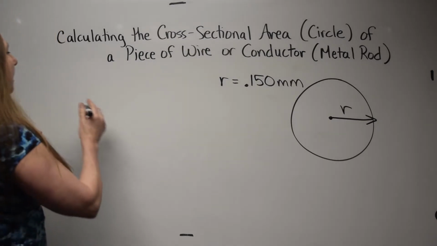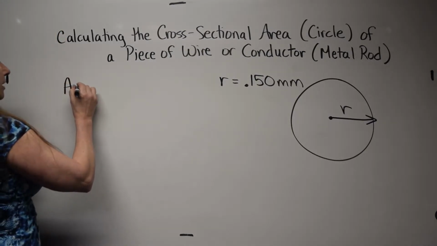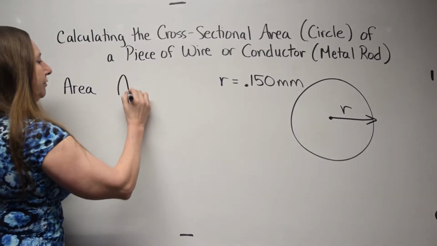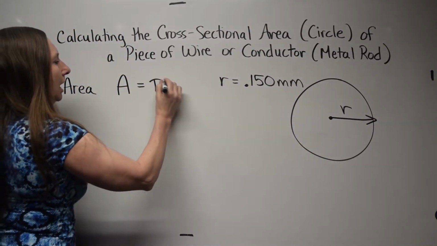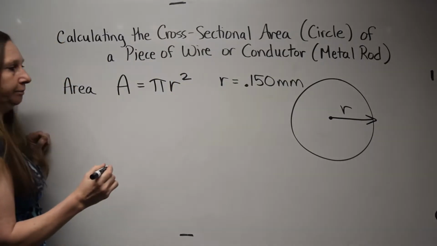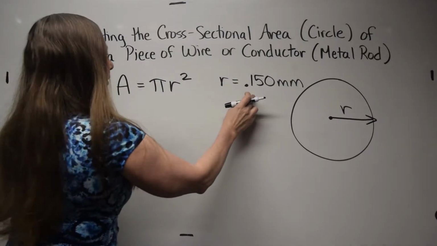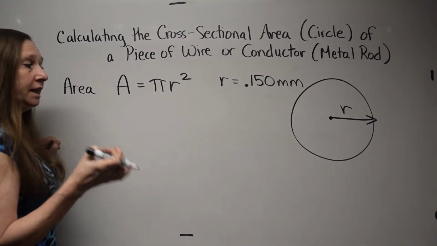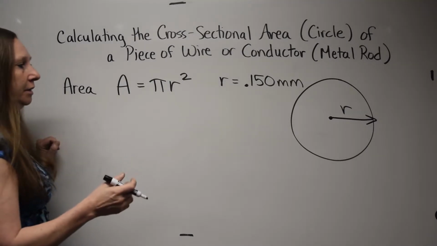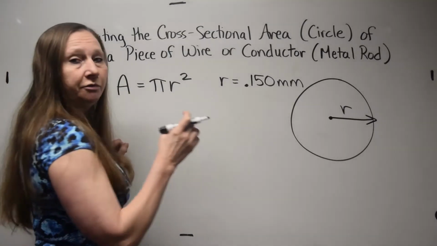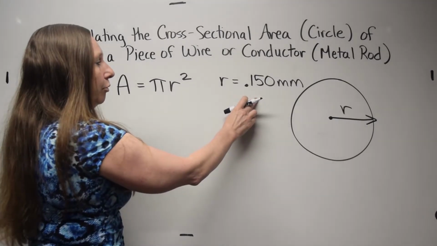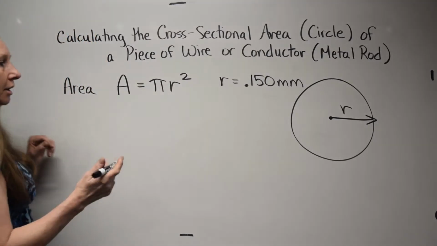The equation for the area of a circle is pi r squared. But the first thing we have to do, because in physics class we tend to work in meters, not millimeters, is use the factor label method or dimensional analysis to convert 0.15 millimeters to meters.